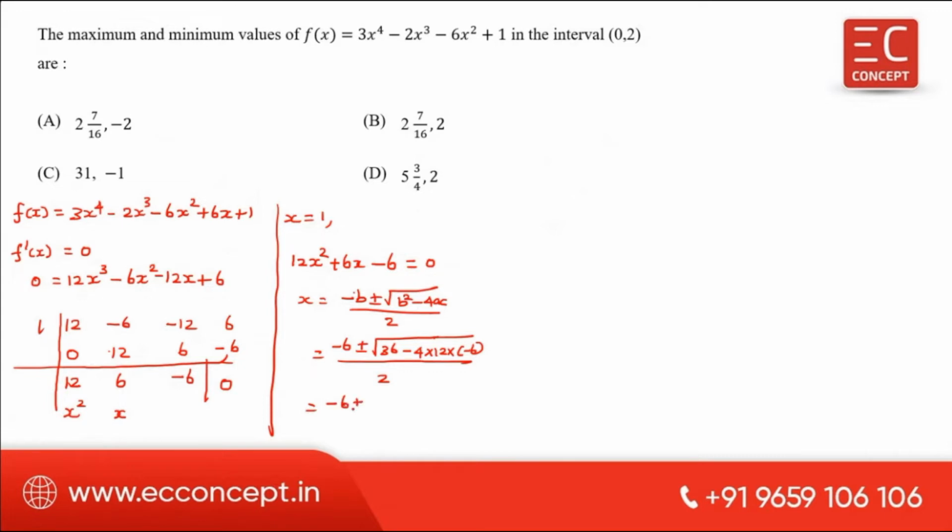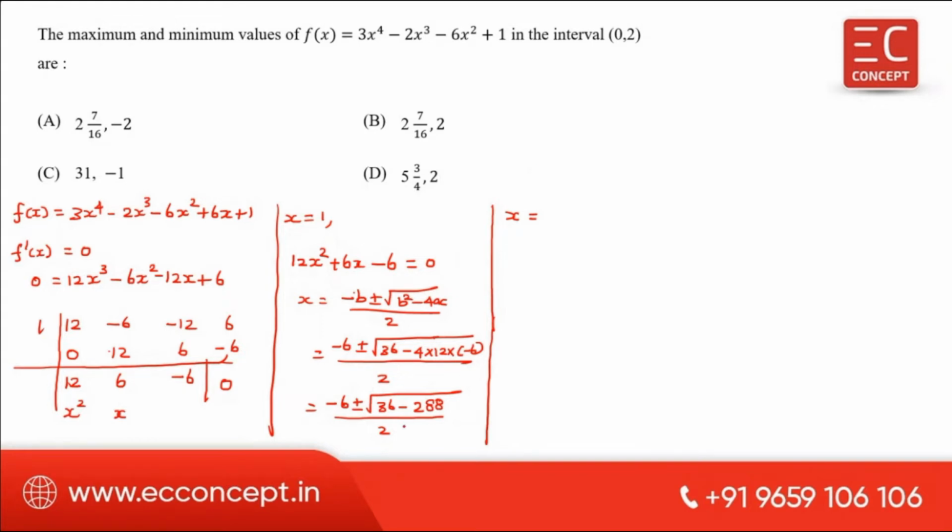Which is equal to minus 6 plus or minus square root of 36 minus 4 into 12 into 6, that is 288.